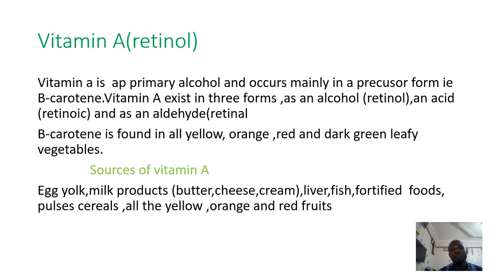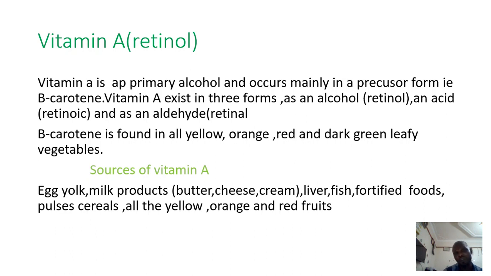And maybe what you need to know is that retinoic acid is one of the most used forms of vitamin A in our bodies. Then beta carotene is found in all the yellow, orange, red, and dark green leafy vegetables. So when you are told to give the sources of vitamin A, you can look for yellow foods, orange foods, red, and then the darker green vegetables.